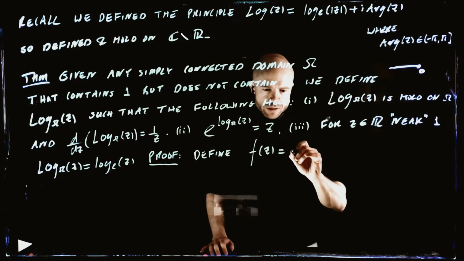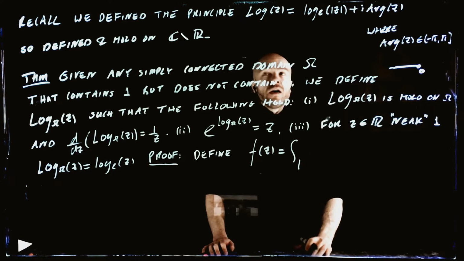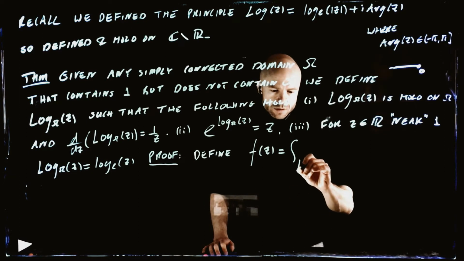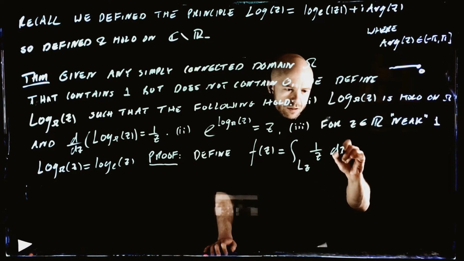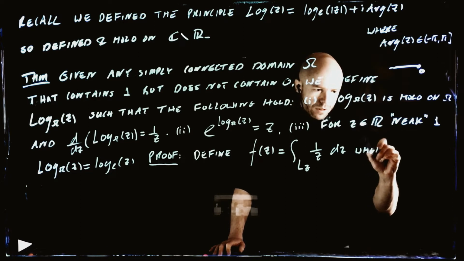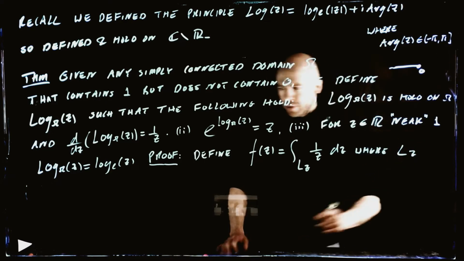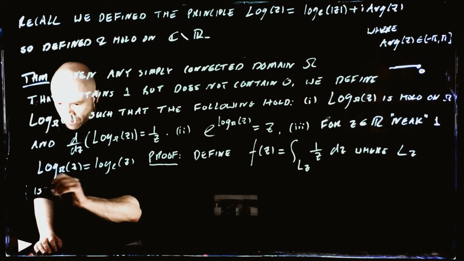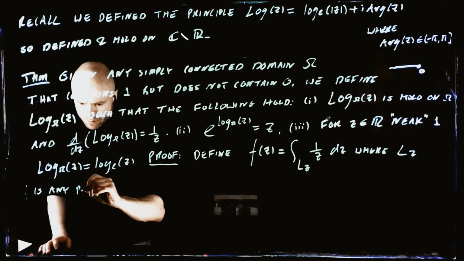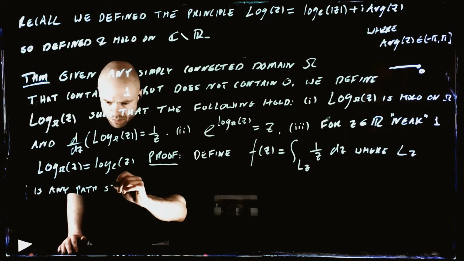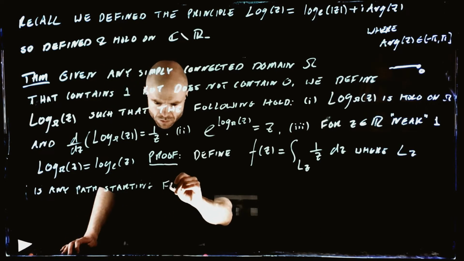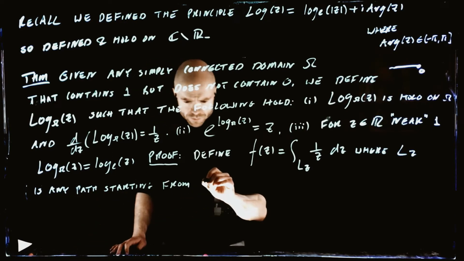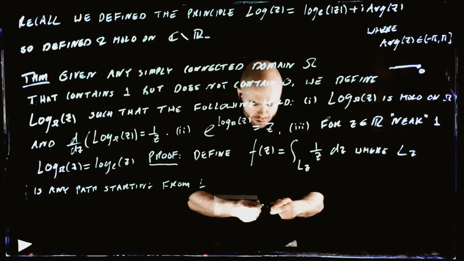So define this to be the integral over L of z of 1 over z dz, where do we want to start? We want to start from 1. Where L of z is any path starting from 1 and ending in z.